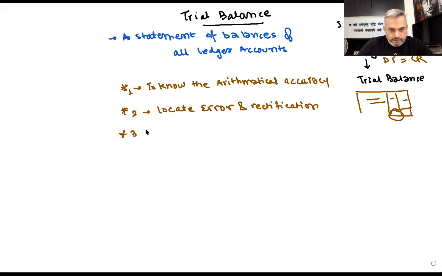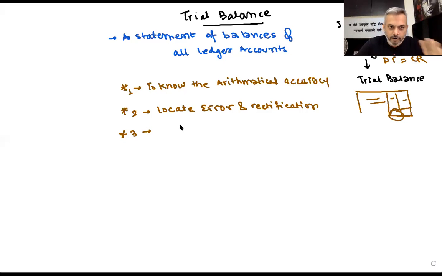And many times, even if the trial balance tallies, there can be errors. So it is not necessary that if the trial balance is tallying, there are no errors. When you see the chapter rectification of errors, you will see some errors over there that in spite of the trial balance being tallied, there are errors.